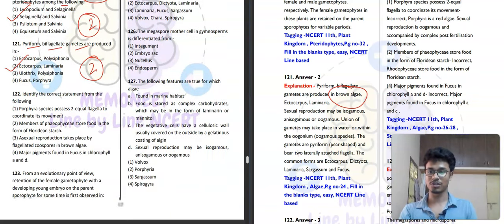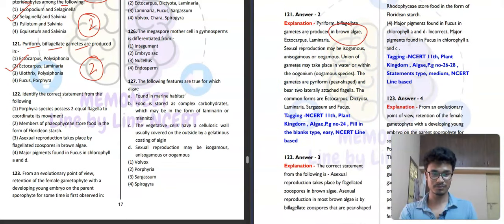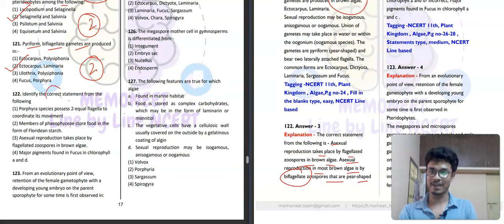Moving towards the next question, 122. In this question, we need to find the correct statement from the following. Porphyra species possess two equal flagella to coordinate its movement, which is absolutely incorrect. Members of Phaeophyceae store food in the form of floridean starch is also incorrect, because members of Rhodophyceae store food in the form of floridean starch. Now the third one: asexual reproduction takes place by flagellated zoospores in brown algae.